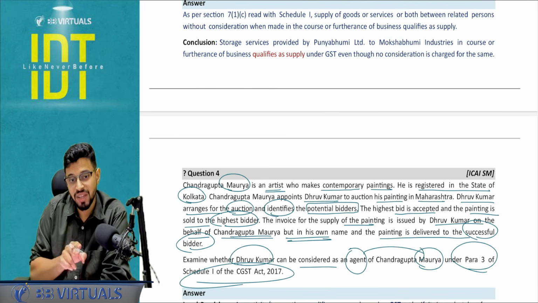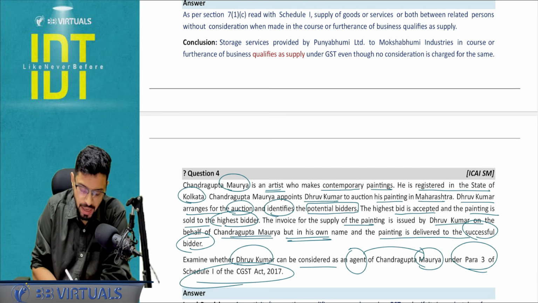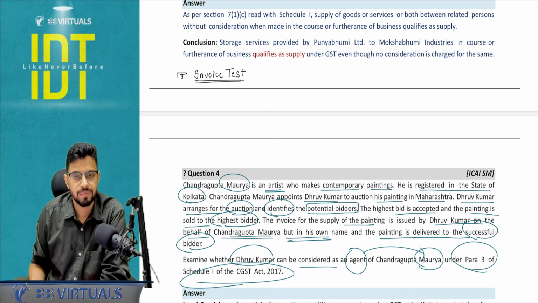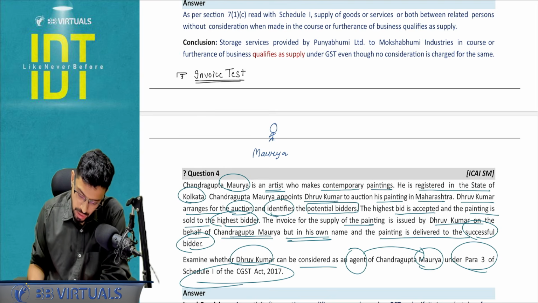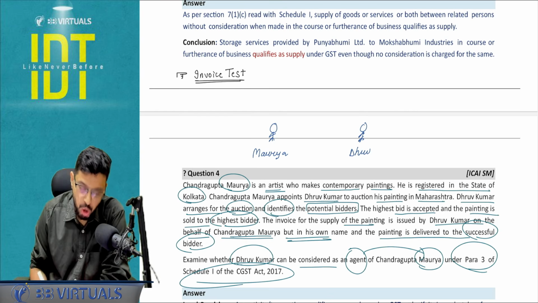Under paragraph 3, schedule number 1 means apply the invoice test. Simple. Check. Maurya is an artist, and Kumar, Dhruv, is an agent. Simple analysis. Sir, auctioneer is an agent?